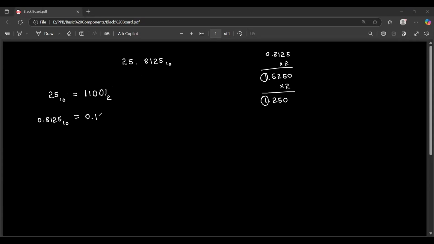So I have 1 here, so I'll put the 1 here. If I multiply it by 2 again, I will get 0.500. And then here we have 0, so I'll put the 0 here. And if I multiply it by 2, I'll get 1.000. So this will be 1 because we have 1 here. So the final answer will be 11001.1101 to the base 2.